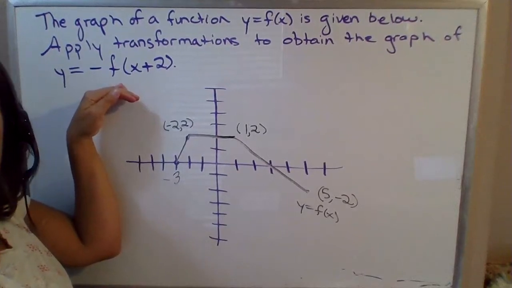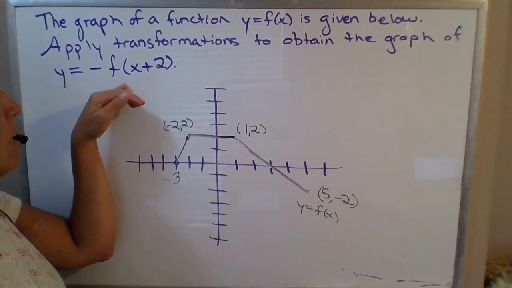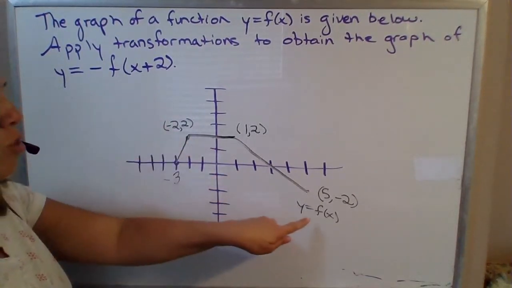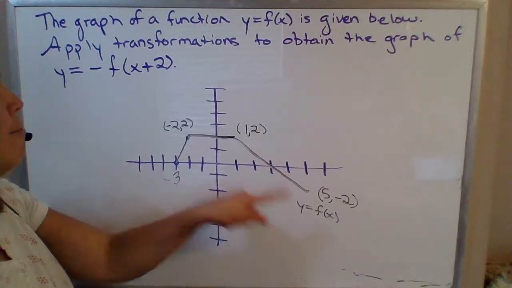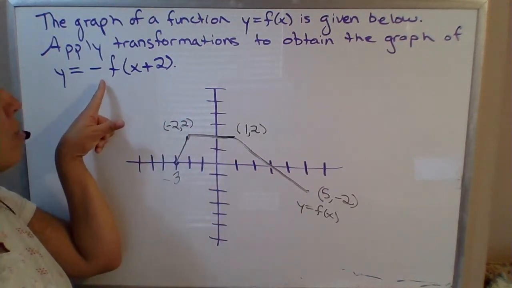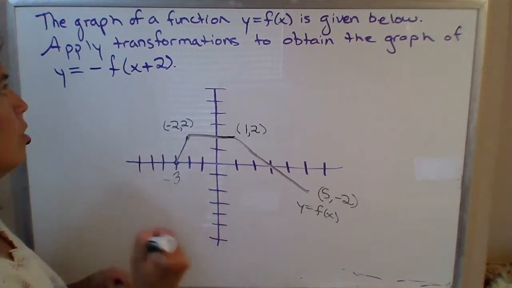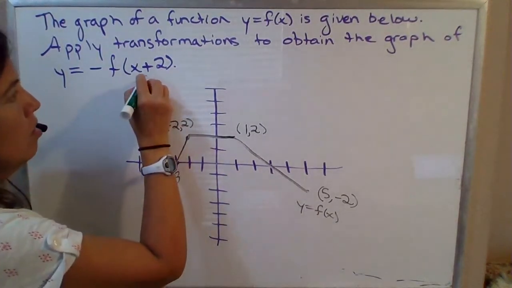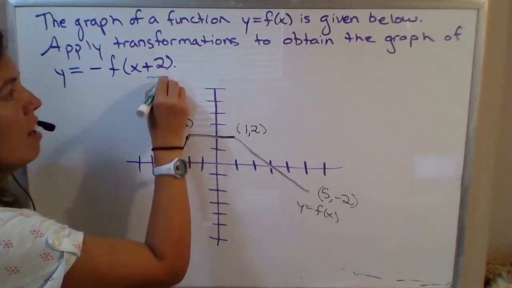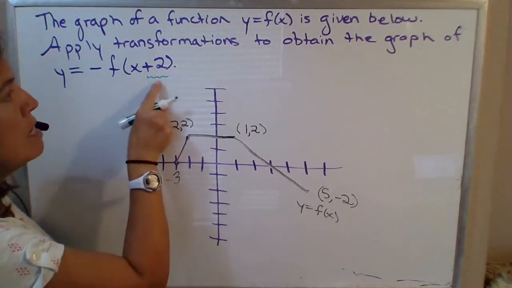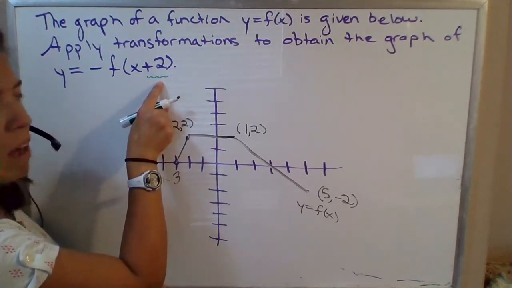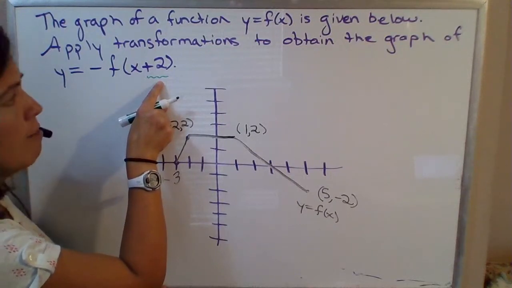So the first thing we need to do is determine what transformations need to be applied to transform the graph of just plain old f of x to the graph of y equals negative f of x plus 2. So a couple of things here. The plus 2 is inside of the function. So whatever happens inside of the function corresponds to a horizontal change in the graph.